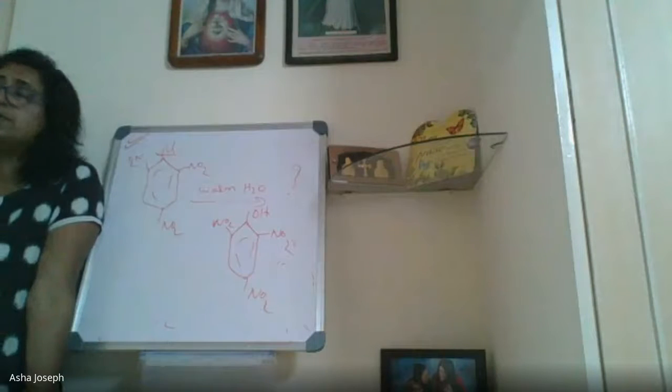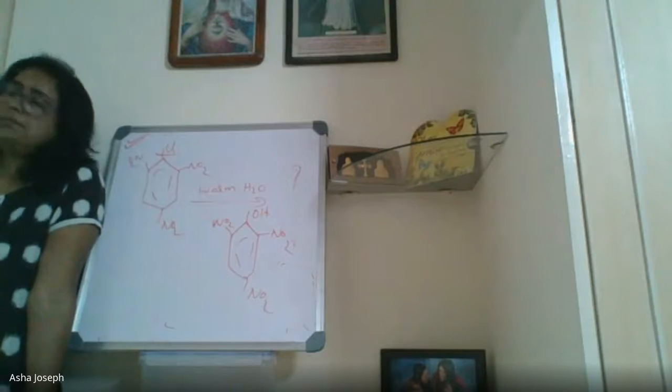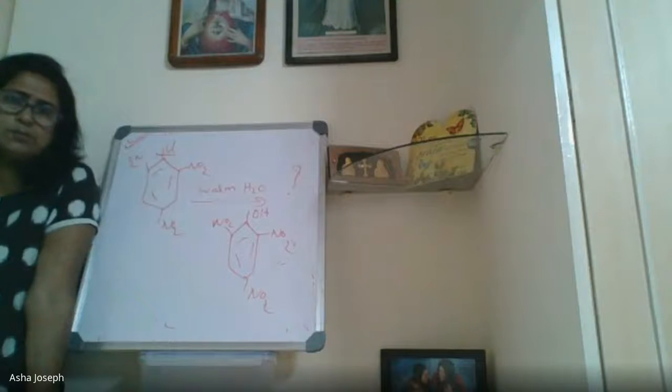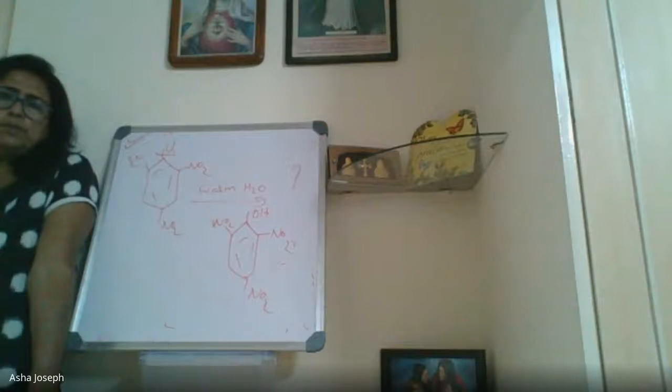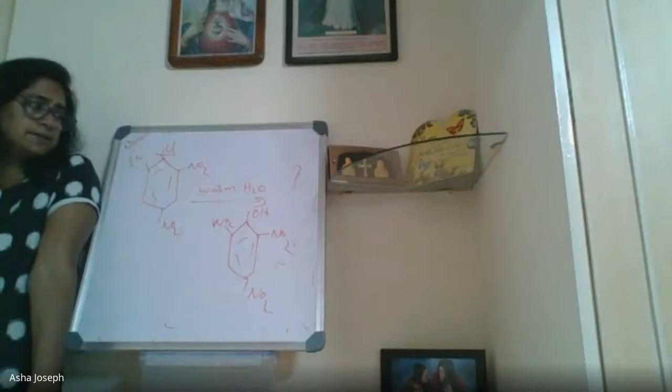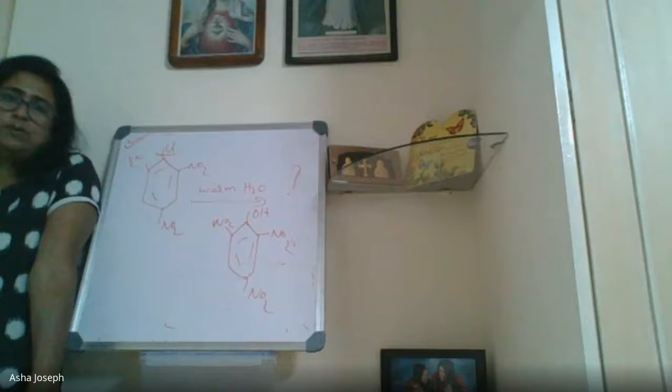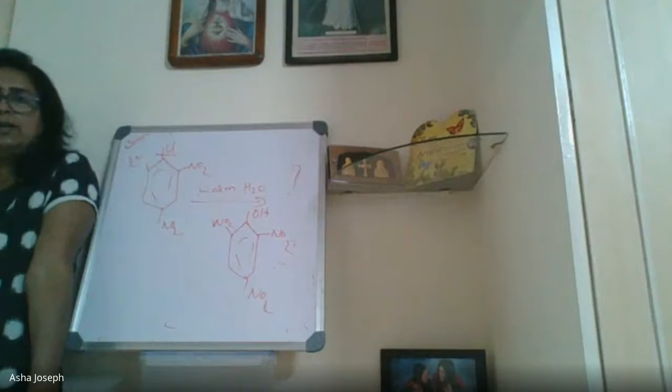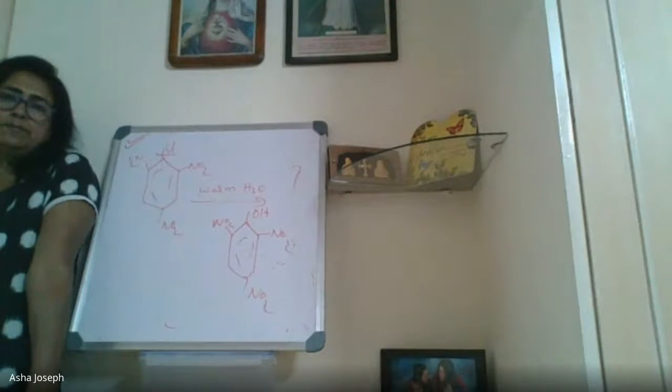Now, have you noticed the NO2 group was in ortho and para position only. In meta position, if NO2 group is there, this reaction will not take place like this. So the NO2 group should be present at ortho and para position, then only it will happen. So that is the question: why not in meta?